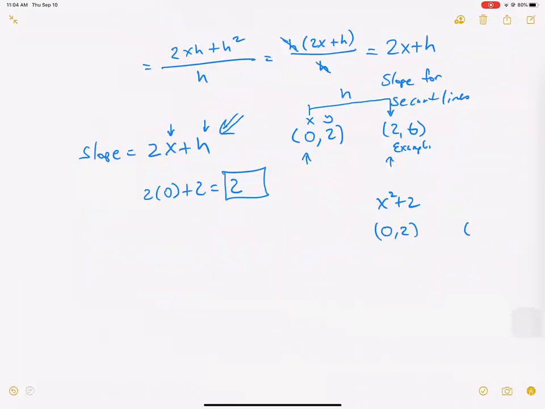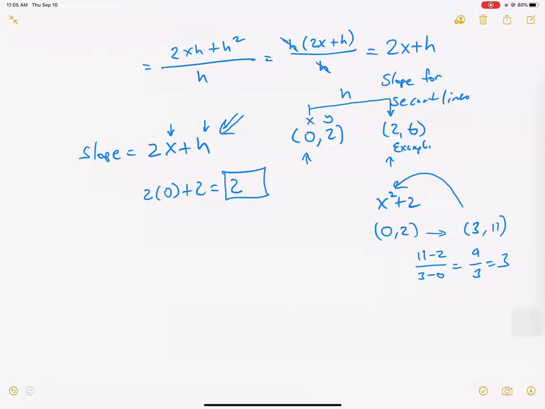Let's say x is 3. If I plug in 3 here, the point will be 9 plus 2 is 11. Okay, let's find the slope of these two points. 11 minus 2 over 3 minus 0. This is going to be 9 over 3 is 3, right? That's the slope that we would end up with for the secant line.